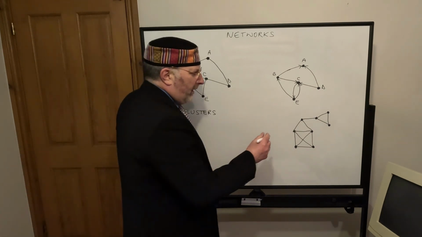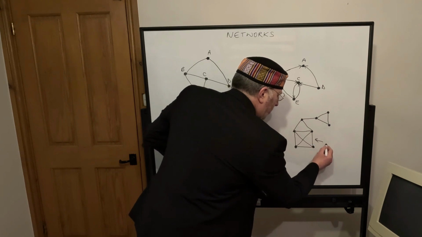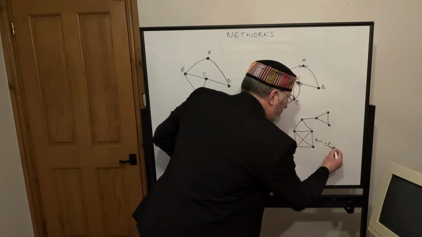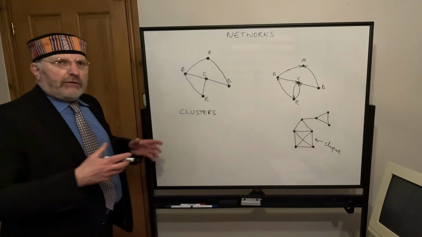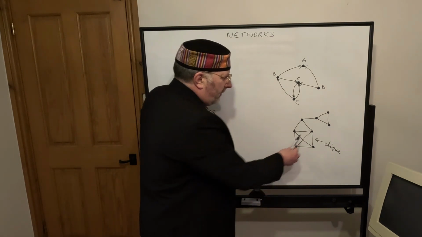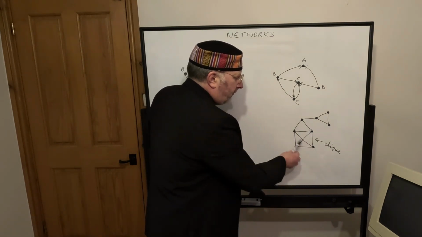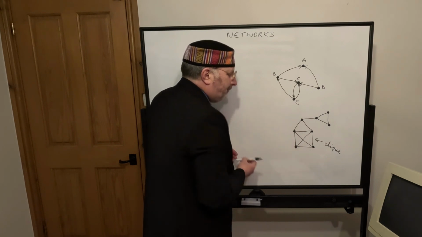So one is the idea of a clique. A clique is a set of nodes where every node in the clique is connected to every other node in the clique. So this group of 4 nodes in this network forms a clique.